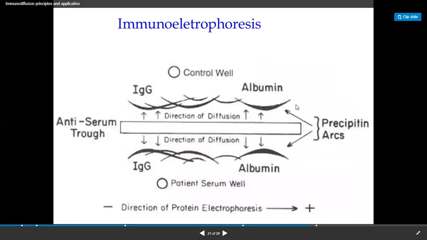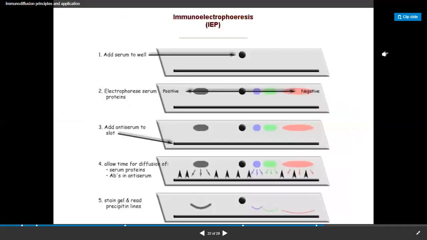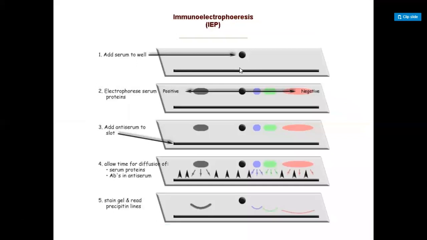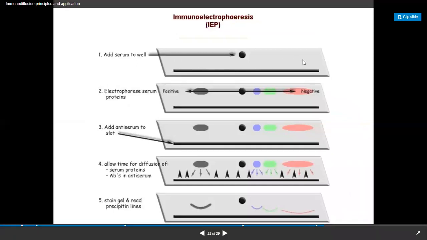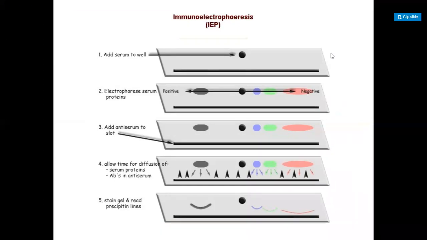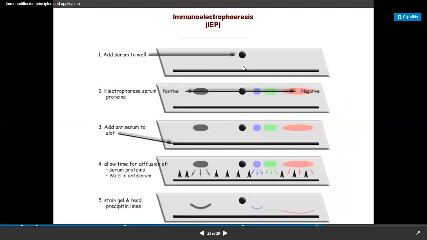So first, what is the process of immunoelectrophoresis? This is the process by which it is conducted. The first step is that we take a tray and add agar and allow it to solidify. Then we create a well and add serum in this well.